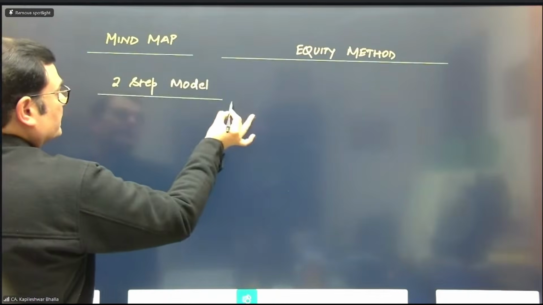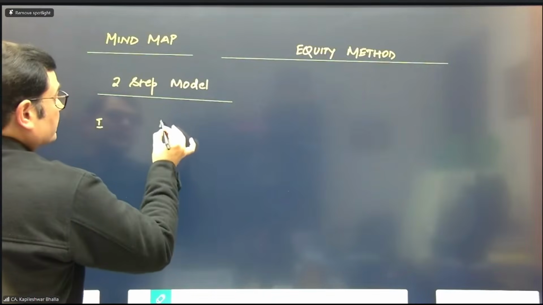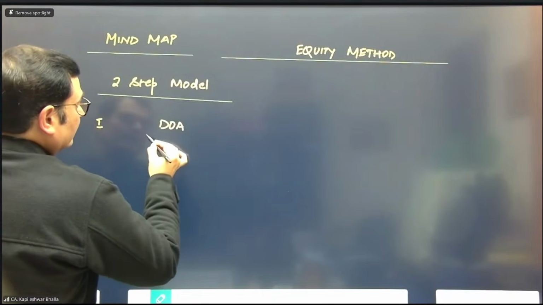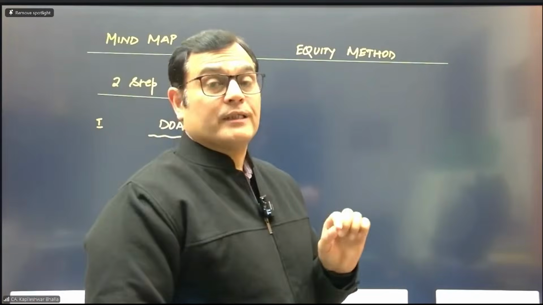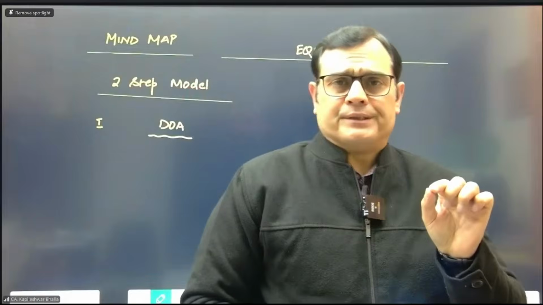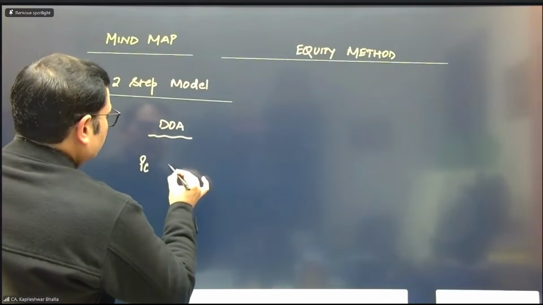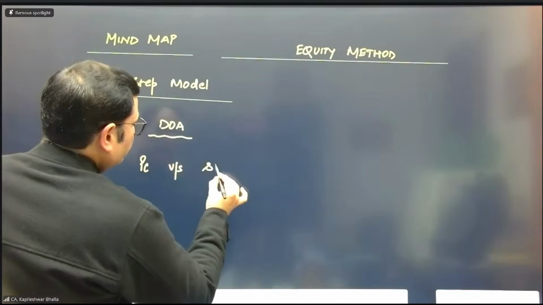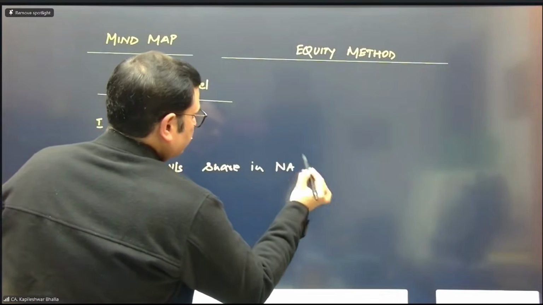In step number one, which is applied on the date of acquisition, you just need to compare the purchase consideration versus the share in net assets of the associate.